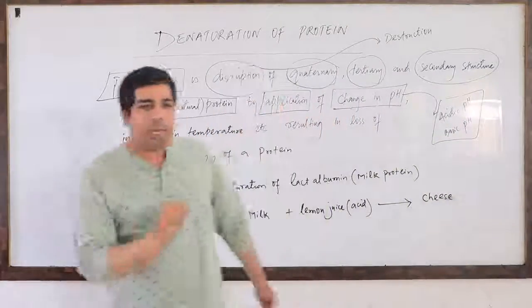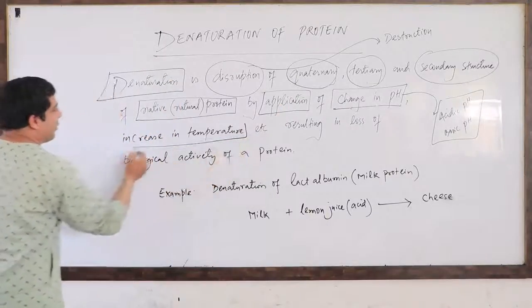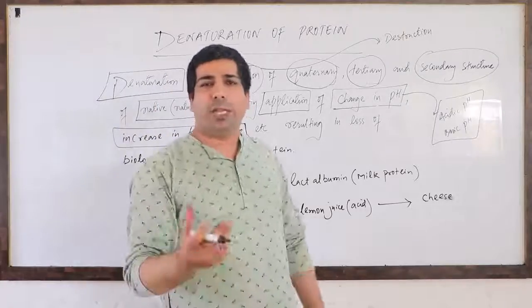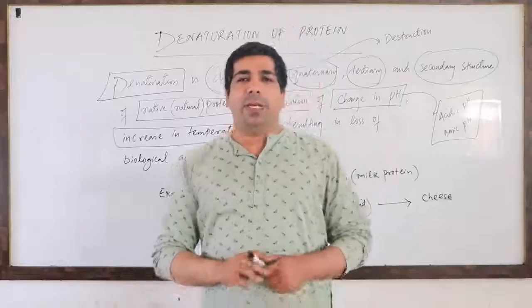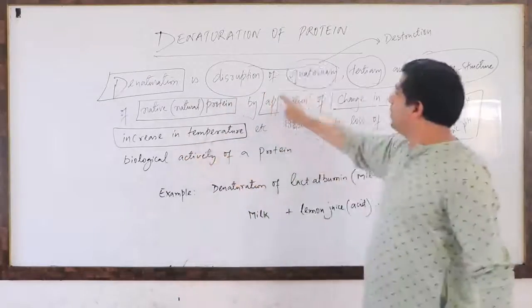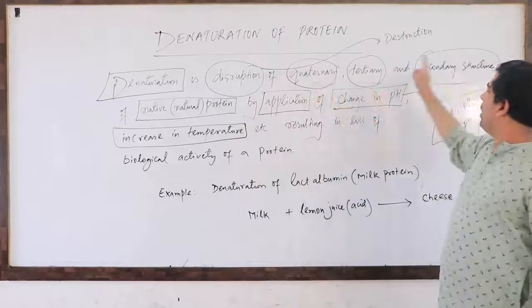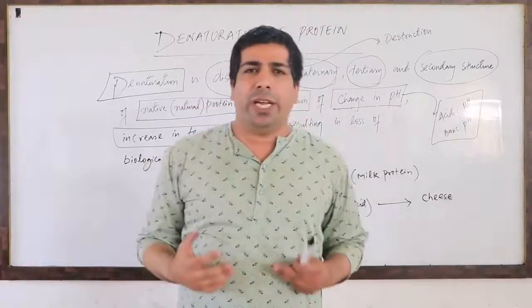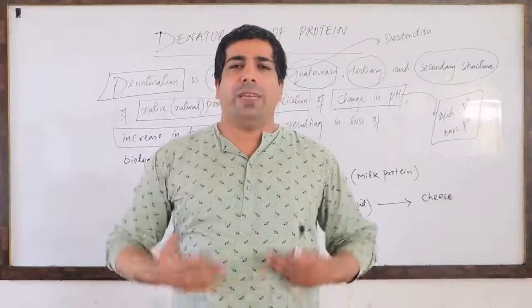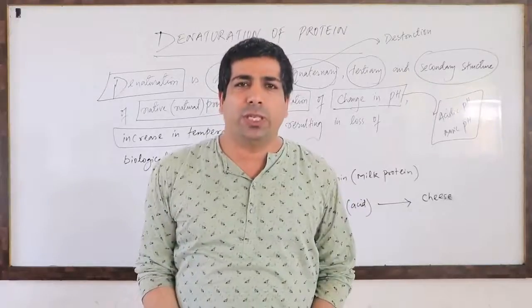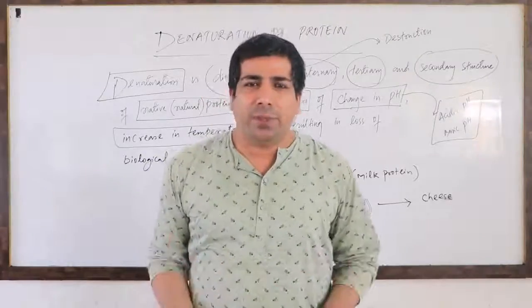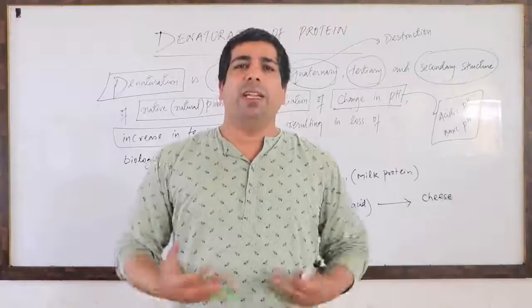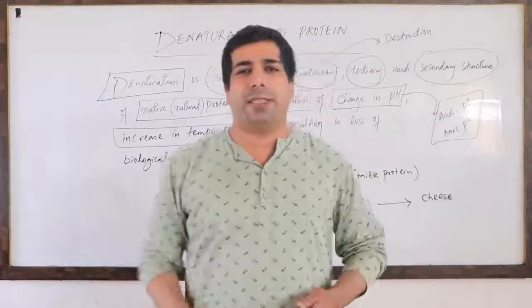Not only that, but if you increase the temperature of a solution in which protein is being kept, what will happen? This increase in temperature can also disrupt the quaternary, tertiary and secondary structure of a natural protein. So once you have changed the pH or increased the temperature of the solution, the native protein will lose its quaternary, tertiary and secondary structures.